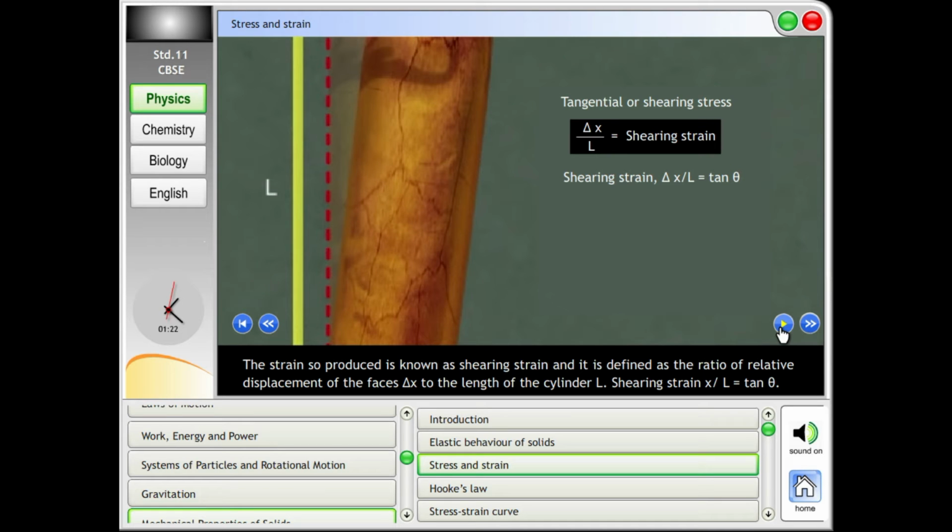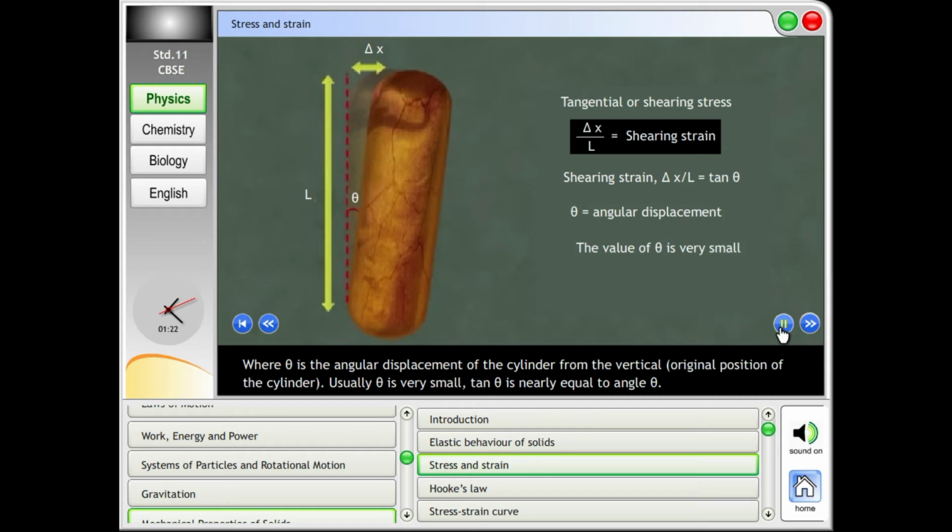It is defined as the ratio of relative displacement of the faces, delta x, to the length of the cylinder, L, where theta is the angular displacement of the cylinder from the vertical, original position of the cylinder. Usually theta is very small, so tan theta is nearly equal to angle theta.